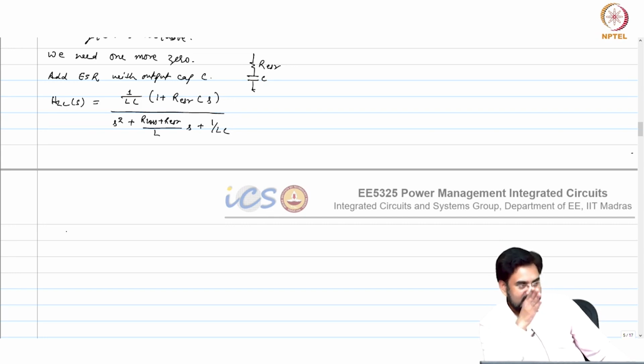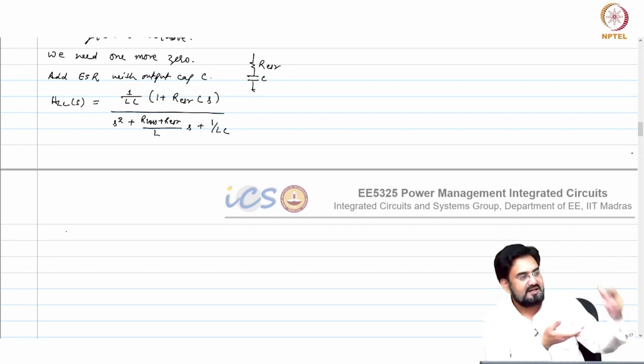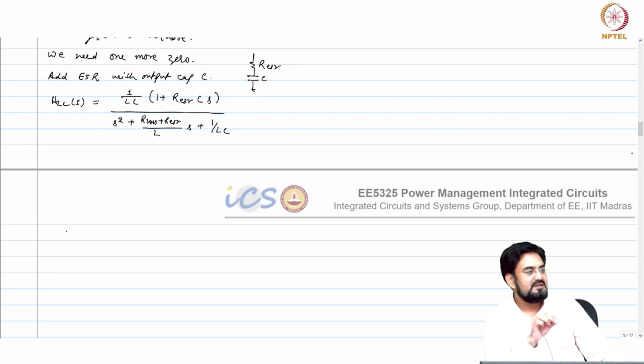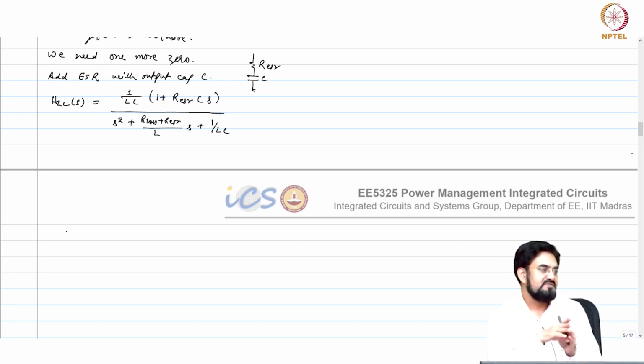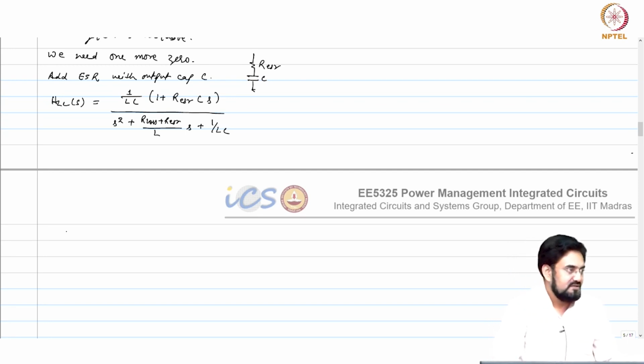Even if you place it right at resonance, you will get a 45 degree boost. So 45 degree phase margin by default you will get at resonance frequency, even if you place this 0 at resonance frequency, but if it is a very high Q system, then you might be slightly off. So you simply compensate that by placing this slightly before, so that in the worst case, even if it happens at resonance frequency, you will at least get 45 degrees at that resonance frequency. So it will not oscillate, or it will not go unstable.